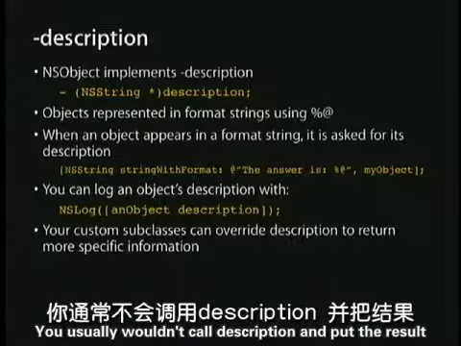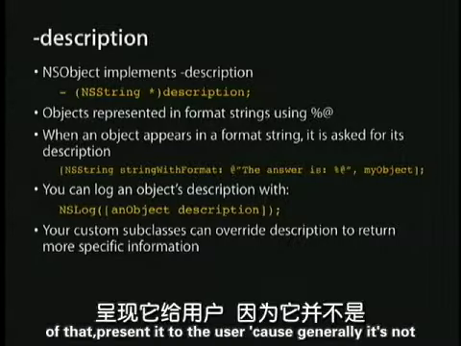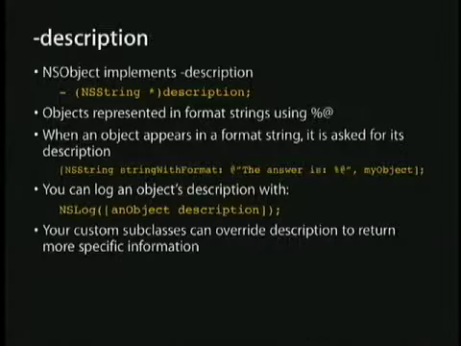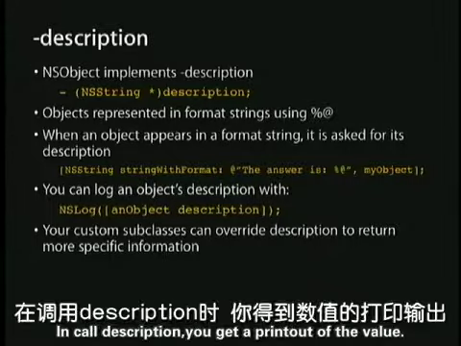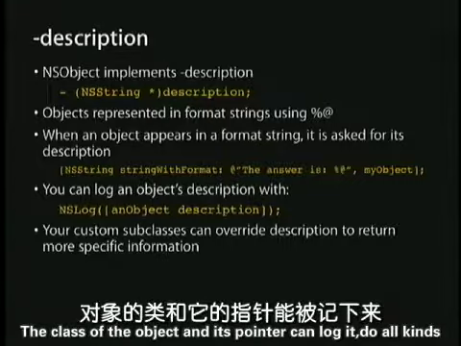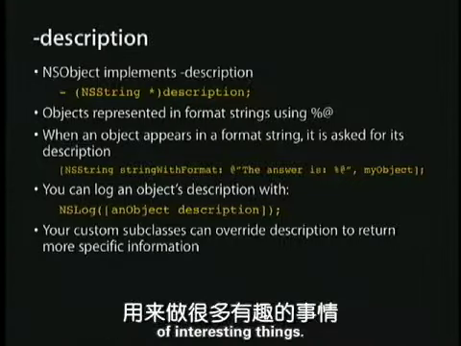You usually wouldn't present the result of description to the user, because generally it's not that interesting. The user probably doesn't care what the pointer to your object is. But it can be incredibly handy for debugging. You call description, you get a printout of the value, the class of the object and its pointer, and you can log it, do all kinds of interesting things.